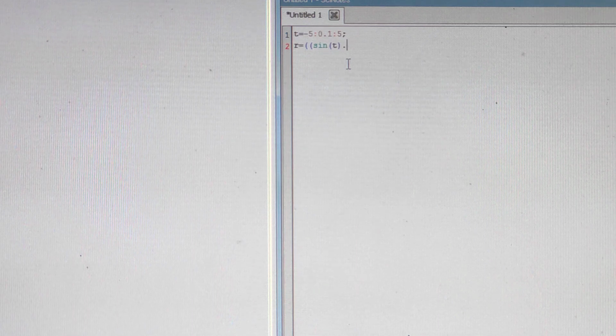So then into, I have written square root of absolute value of cos t. Square root, SQRT. Then put a bracket. Then absolute value, ABS. Then put a bracket, then absolute value of cos t, cos, then t, you should put t within bracket.